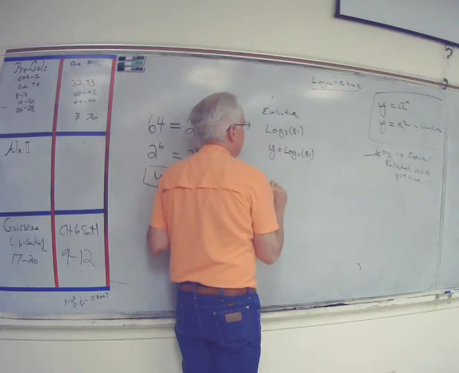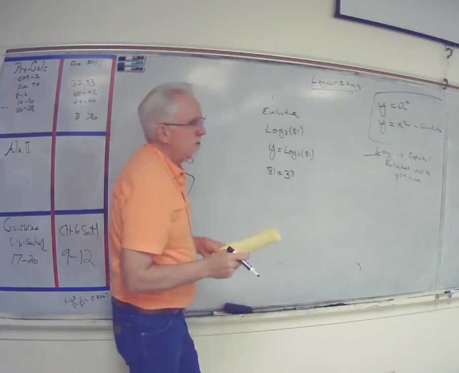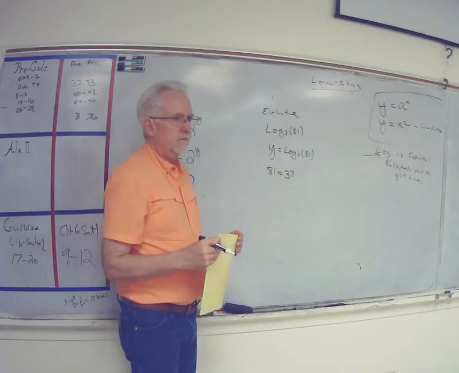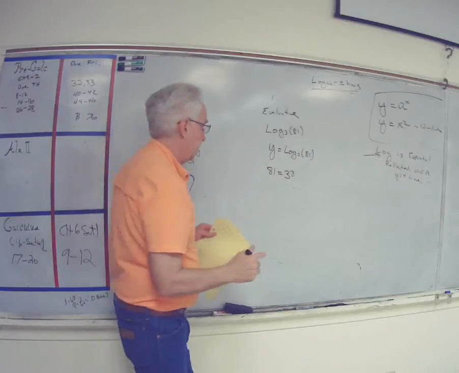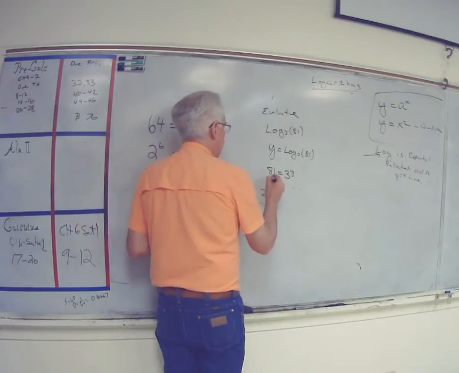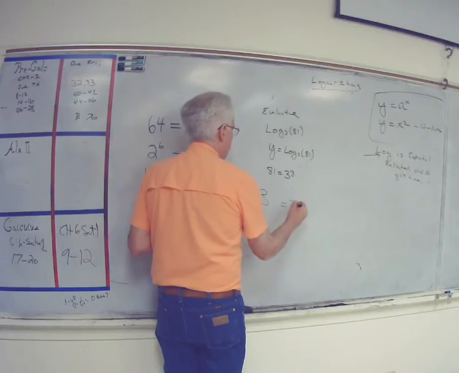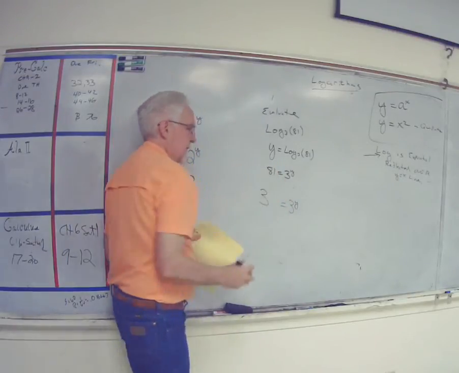What do you want me to do, Logan? So it will be 81 is equal to 3 to the y. Tell me what you wish, Logan. That 81 was 3 to something. Okay, so I'm going to have 3 to the something is equal to 3 to the y. 3 to the what is 81?